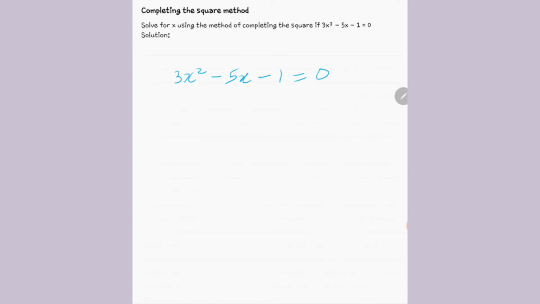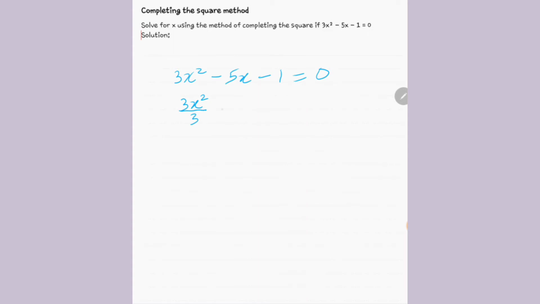Now the first thing you do for a question like this is you have to make the coefficient of the unknown square, that's the coefficient of x squared, 1. How do you make it 1? By dividing each term by the coefficient of x squared, in this case 3.